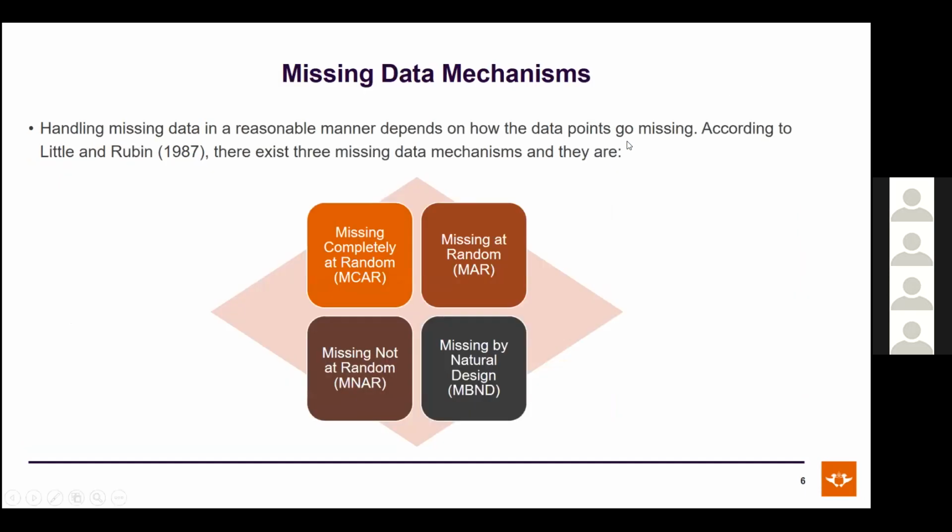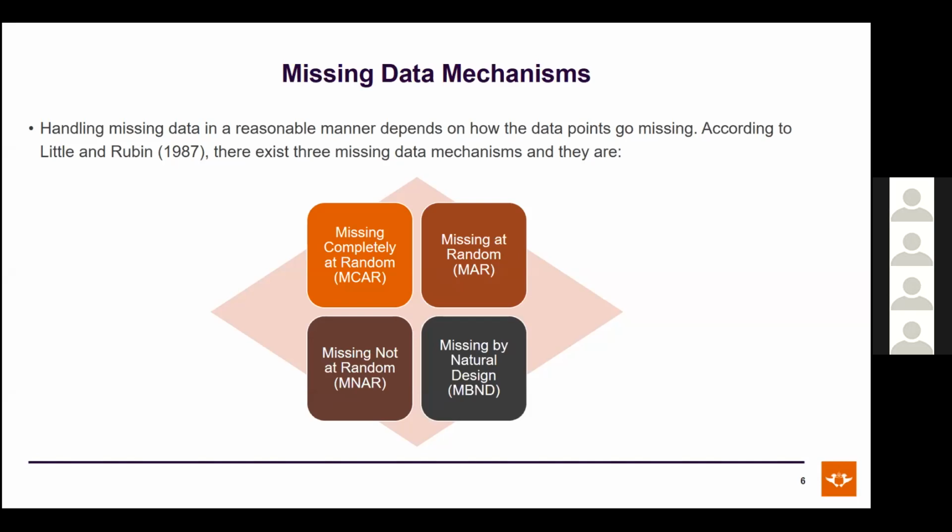Now, having spoken about that, let's have a look at some of the missing data mechanisms. In 2014, I knew of 3 mechanisms, and now in 2021, there are actually 4 mechanisms of missing data.